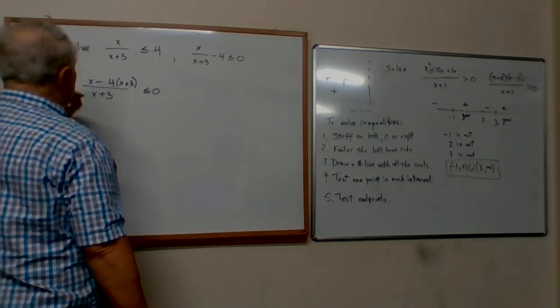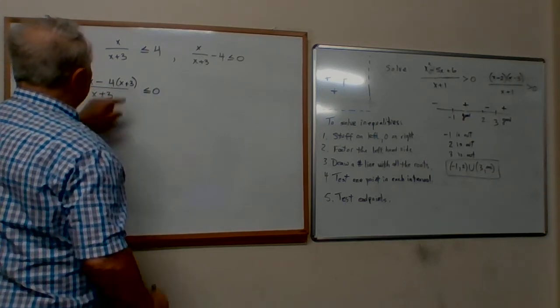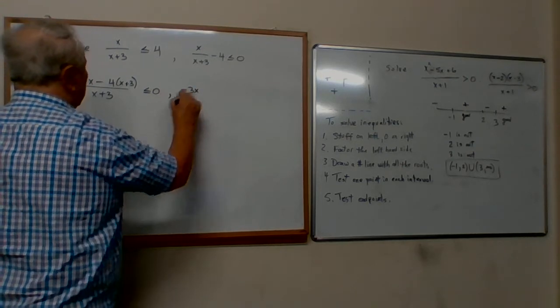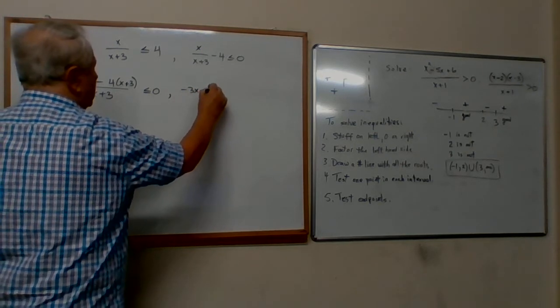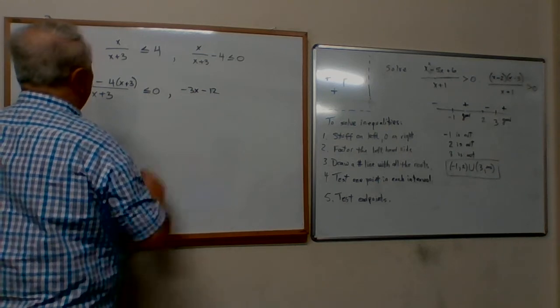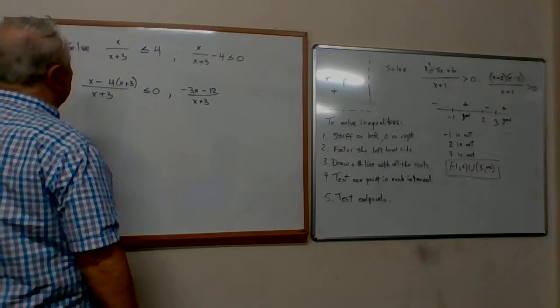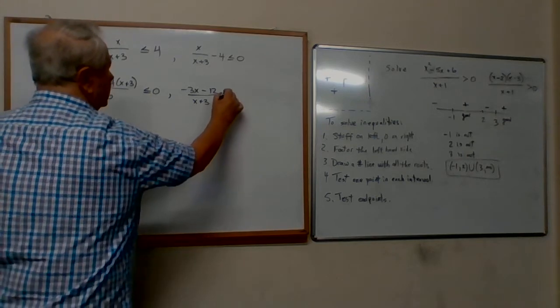So let's do some arithmetic now. X minus 4x is negative 3x minus 12 divided by x plus 3, and that's less than or equal to 0.